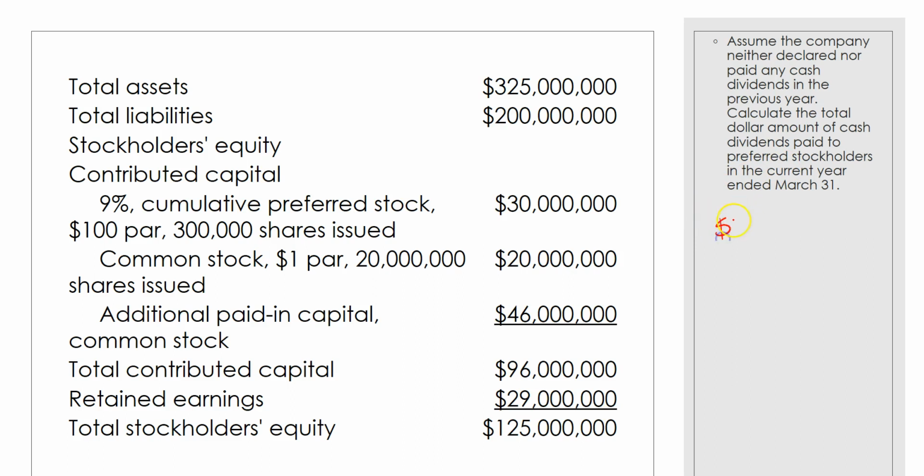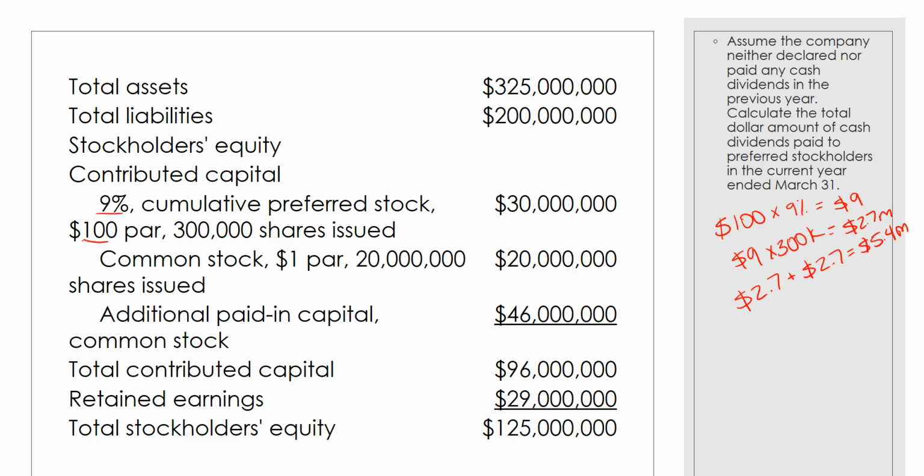So we already said that the preferred stock has a $100 par value, and their dividend is 9% of that. So each preferred shareholder is receiving a $9 dividend. There are 300,000 shares of preferred stock. So that's $2.7 million owed per year to preferred shareholders, but we missed last year's. So we have to pay this year's $2.7 million and last year's $2.7 million for a collective payment to preferred shareholders of $5.4 million.